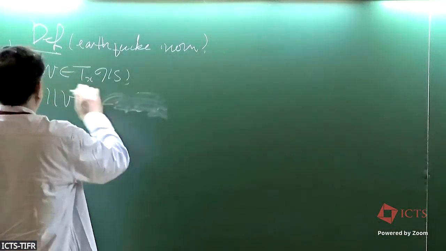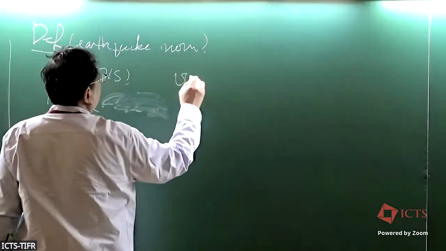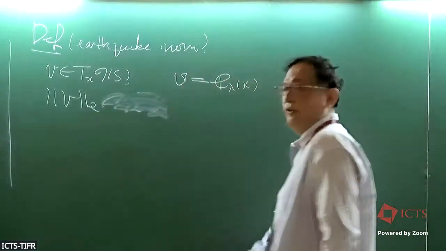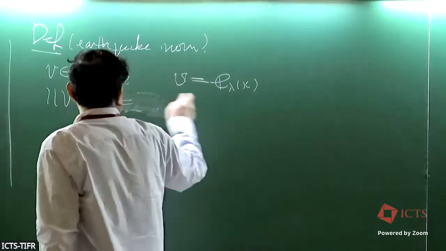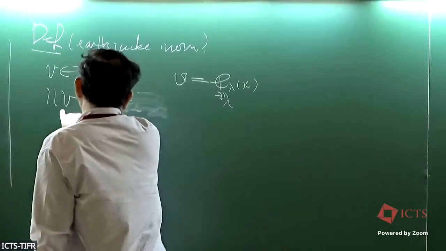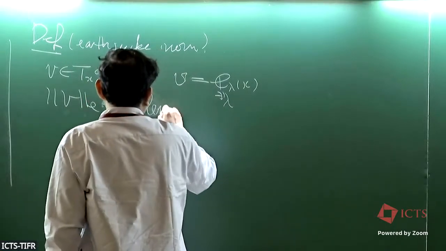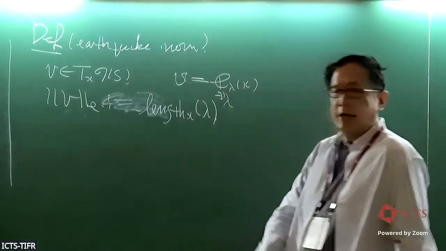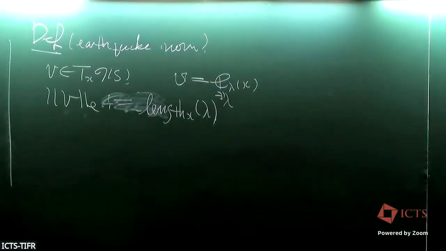Because V is expressed as an earthquake vector, and this one is unique, the earthquake norm of V is defined to be the length of this measured lamination.